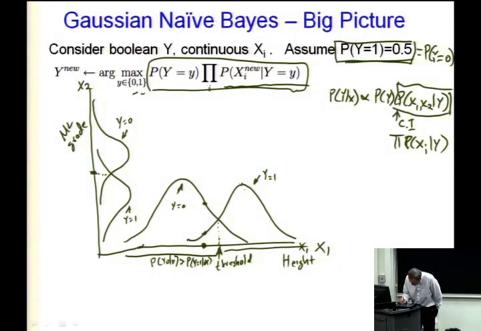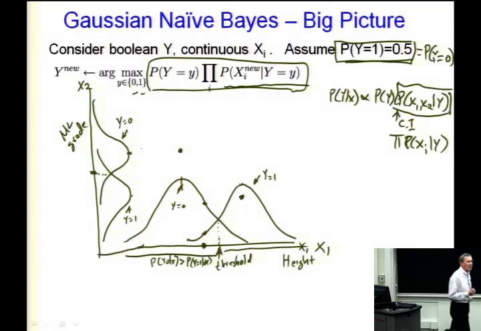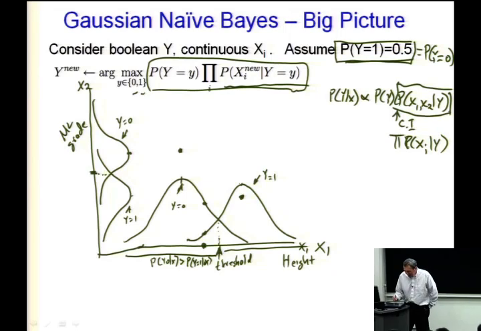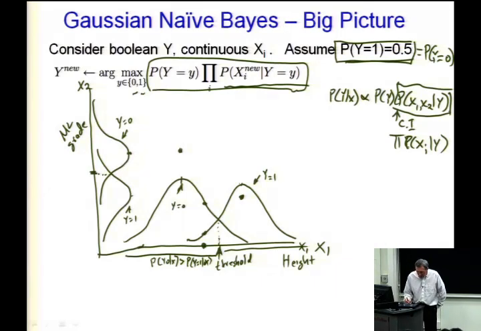So for y equals 1, for example, the mean of my distribution is going to be here, an unfortunate location on the plot. But for y equals 0, it'll be up here. The maximum probability that I can get, given that y equals 0, for x1 and x2 is if I pick this point and this point right here.